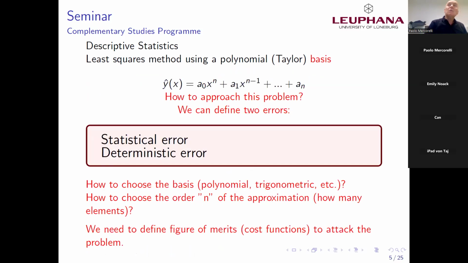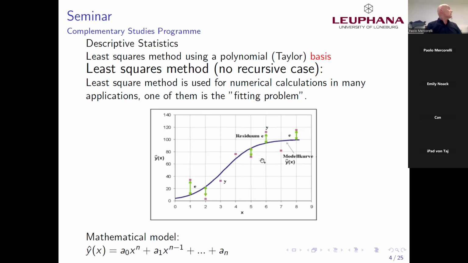Now, what we have here in this representation, if you have a question directly, no problem. In this representation, we assume that not necessarily the best model y hat. Y hat is the function.